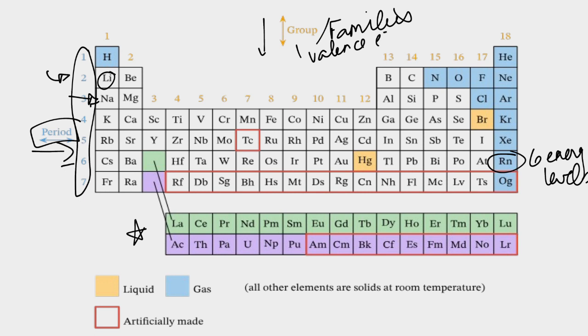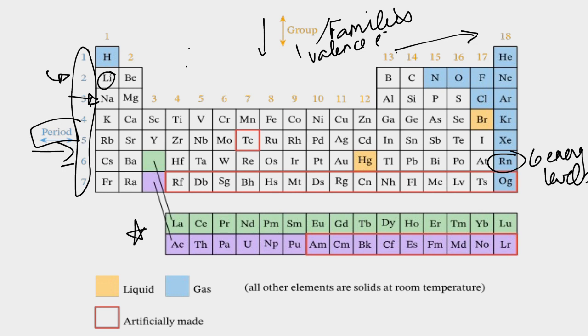We skip over the transition metals in the center of the periodic table, and we know that groups 1, 2, 13 to 18 all follow this trend where the number corresponds to the number of valence electrons. And of course, for groups 13 to 18, we lose the number 1.